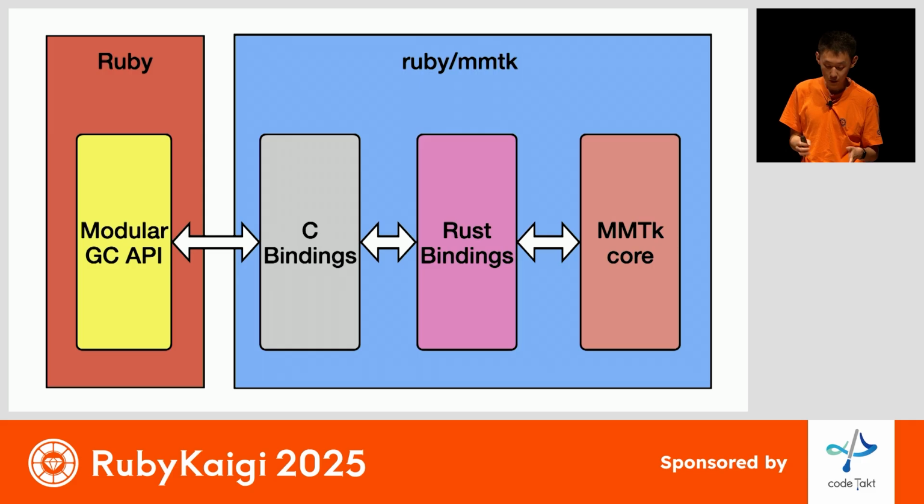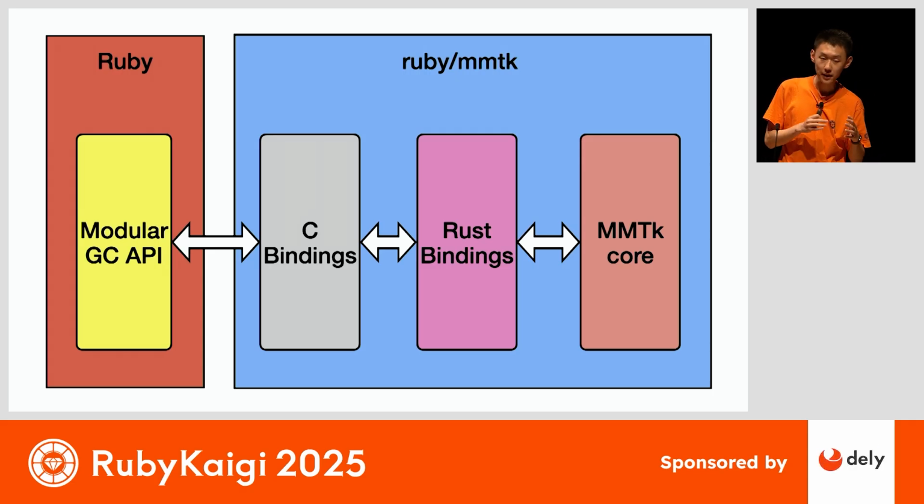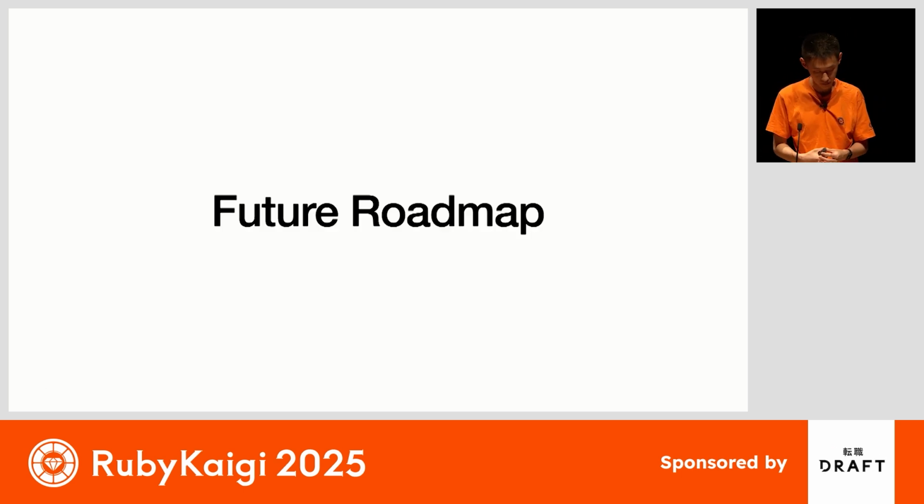And then the Rust bindings interact with MMTK core. MMTK core here is installed as a cargo dependency, and MMTK core is written in Rust. MMTK core contains the actual underlying implementation of the garbage collector, but the Rust bindings in the Ruby/MMTK repository provide extensions to MMTK core for Ruby, and implement things like defining work packets for marking and freeing objects.